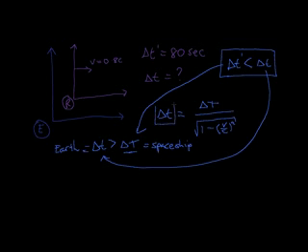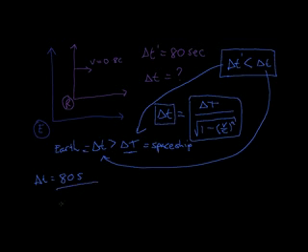We're trying to work out this value here, so it's already in the form that we want it in. So we simply say our delta t is equal to our proper time, which is 80 seconds, divided by the square root of 1 minus, well, what's the velocity? The velocity is 0.8 c, divided by c, and that's going to be squared.